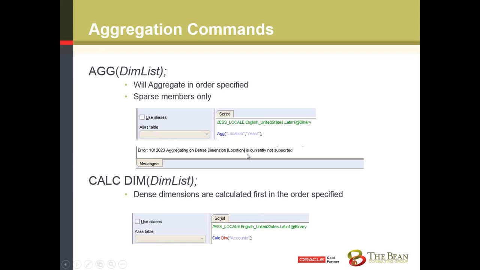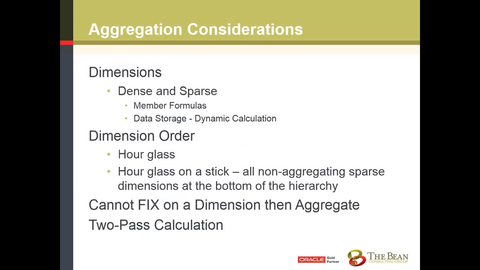That's the sort of thing you would see if you actually did try to agg a dense dimension. And then calcdim accounts here down below. In both cases, the command calculates or aggregates the data in the order that the dimensions are specified if you're calling out multiple dimensions in the command.